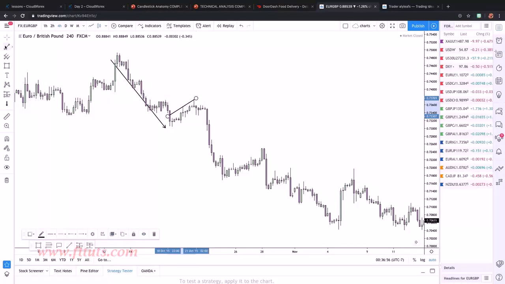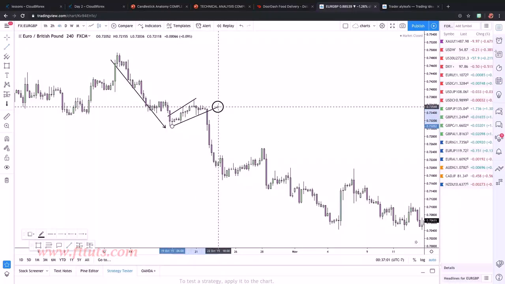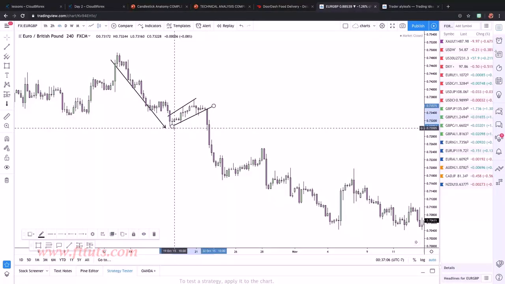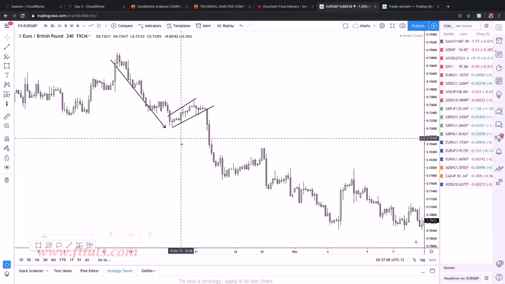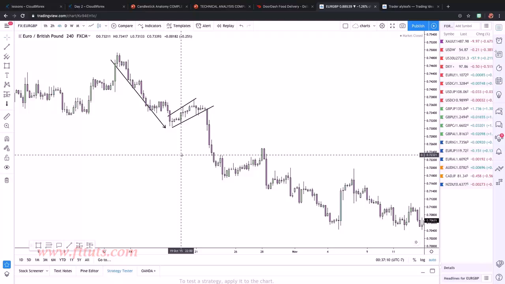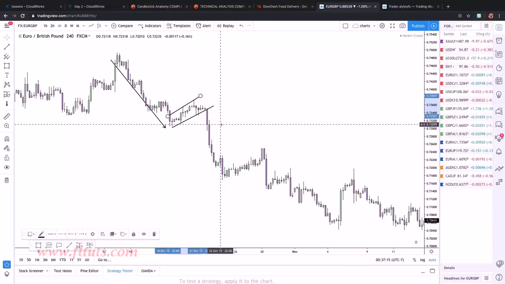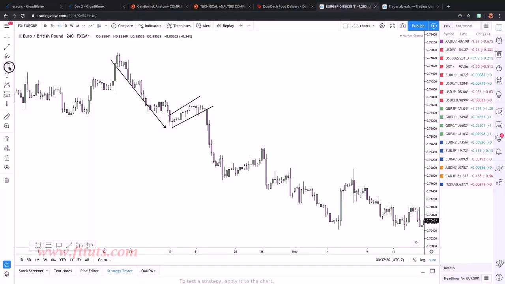So we have basically a top like that, and then we have the bottom, and we're looking for a bearish breakout. So these patterns I'm showing you are super, super useful, and they're really good. So that's why I'm showing you these specific ones.